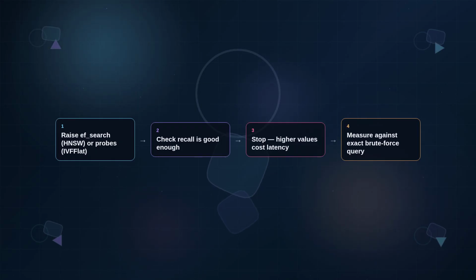Turn the knob up, and each query examines more candidates, so you find more of the true nearest neighbors, and the query takes a little longer. Turn it down, and queries get faster but start to miss. Your job is to raise it just until recall is good enough for your users, and then stop, because every step beyond that point is latency. You are paying for accuracy nobody will notice.